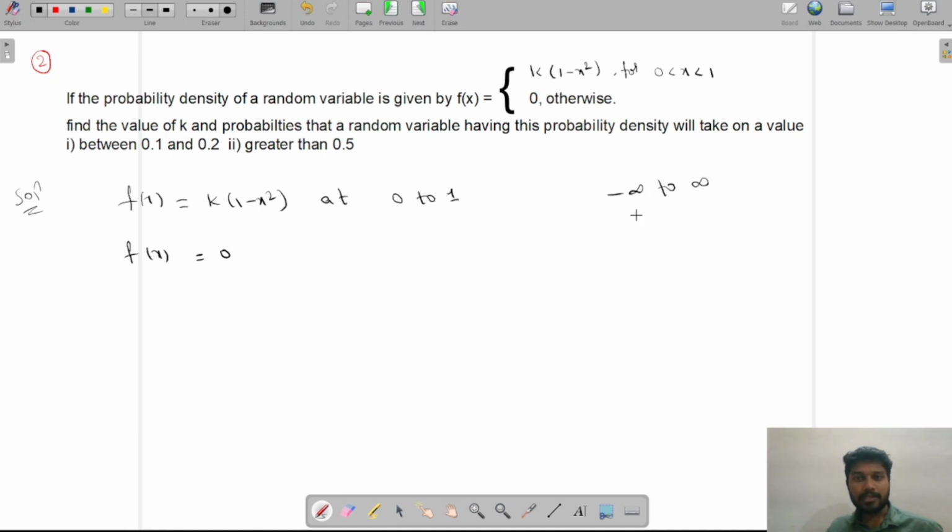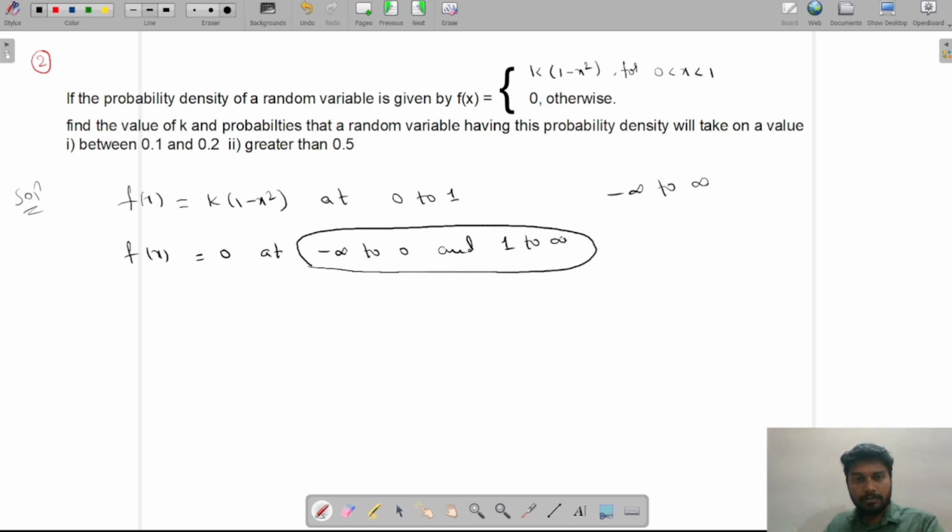I think everyone understands when f of x equal to 0 will happen. Right, let's discuss. This will happen at minus infinity to 0 and 1 to plus infinity. Whenever x values are in these two ranges, then your f of x is 0. When x values are between 0 to 1, then this will be your f of x. I think everyone is clear, right?